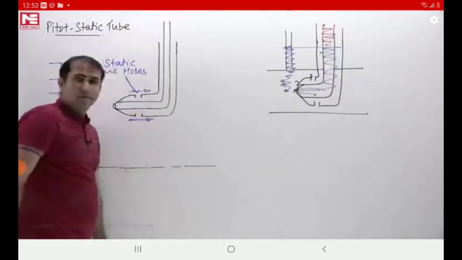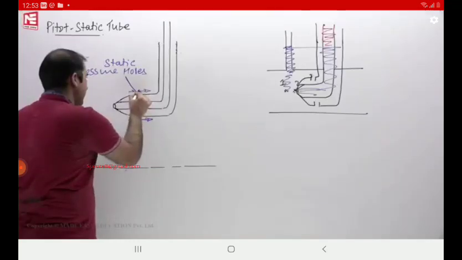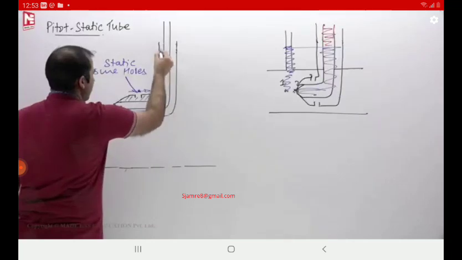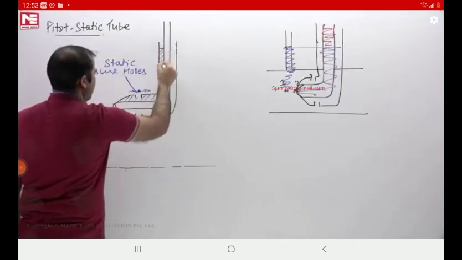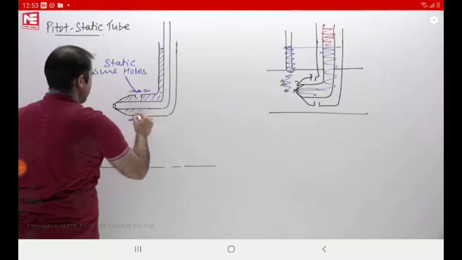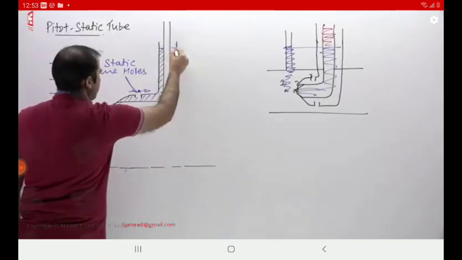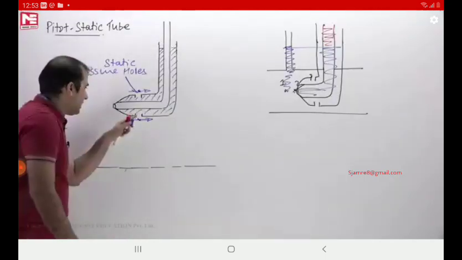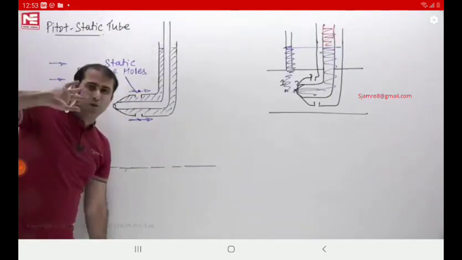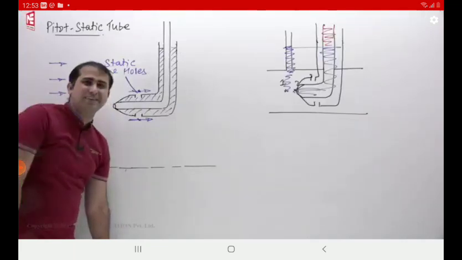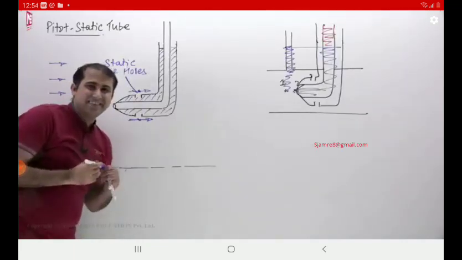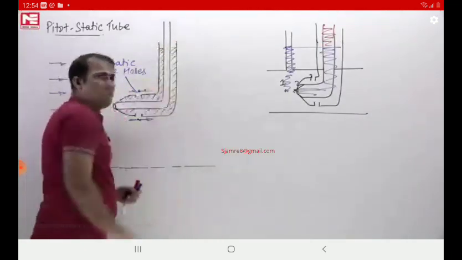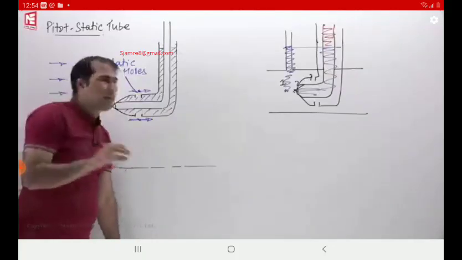So whatever the pressure is here, because of this the fluid is going to enter in this, and there will be a level here. Don't you think that this and this, all these holes, are going to give you the value of static pressure? Later on they get connected at one level, but for clarity I have shown you like this.